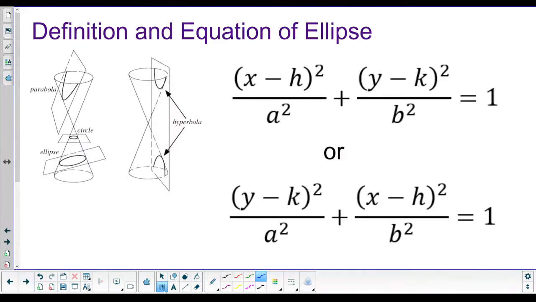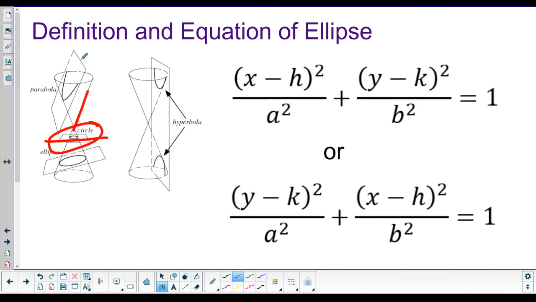So let's start with the definition of an ellipse, or maybe how we get them. So we've talked about circles, which is we cut directly across our cone and then we get a nice little circle. Parabolas, we put a plane that cuts our cone that is parallel to one edge so that it never flies out the other side.